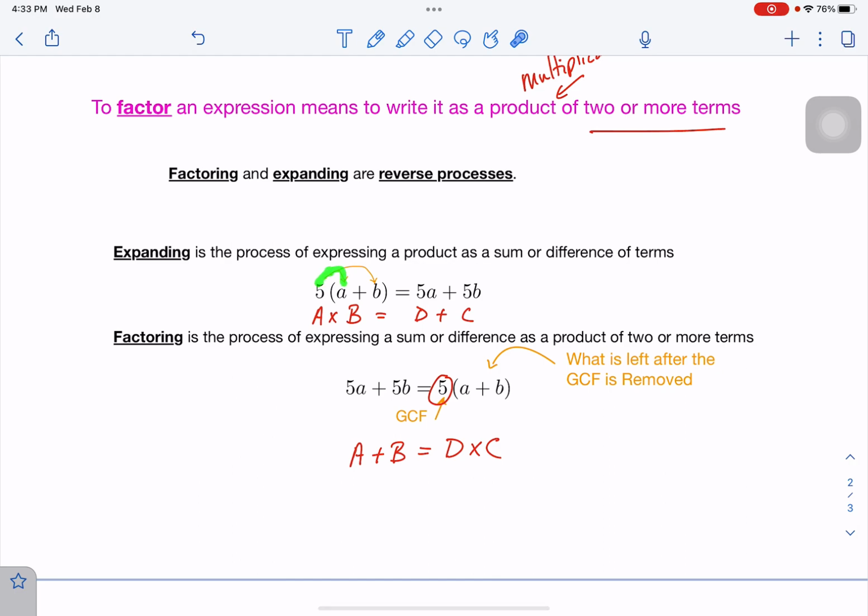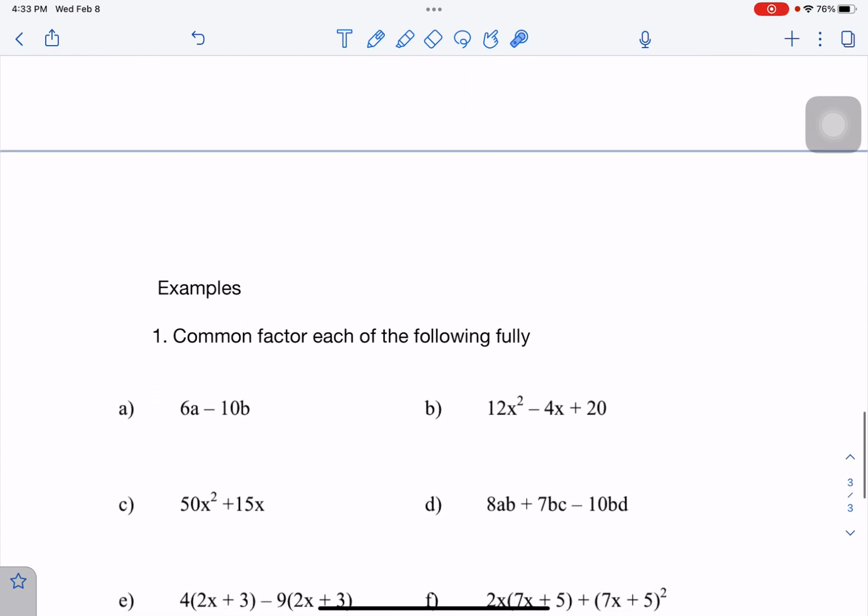Expanding is my 5 going into the A and the B, giving my 5A plus 5B. And if I start with 5A plus 5B, factoring is taking the GCF out, and this is what's left once you take the GCF out. Because once you put the GCF back in, you end up going right back to where you started. And that, ladies and gentlemen, is a recap on factoring.